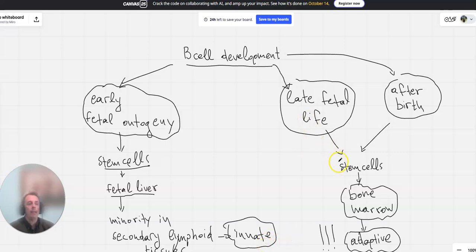On the other hand, B cells during late fetal life and after birth originate from stem cells which are found in the bone marrow, and they are the ones that carry out the adaptive immune response. And so we are focusing on these specific B cells.